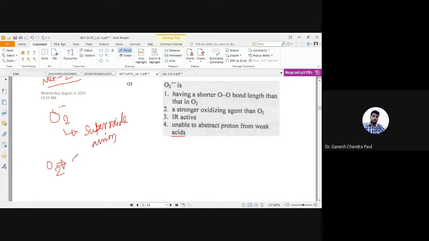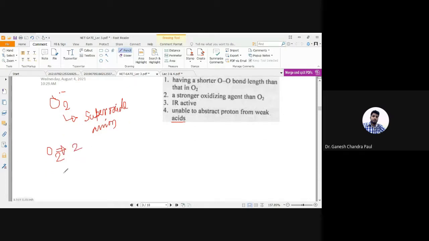It is 2. Now in case of O2 dot minus, it is the superoxide anion, as I have mentioned several times. What is its bond order? 1.5. Yes, it is 1.5. Very good.